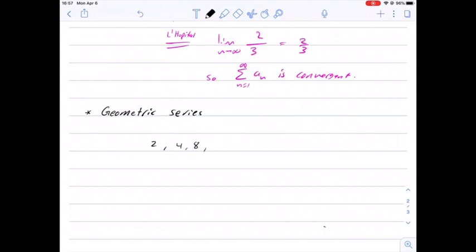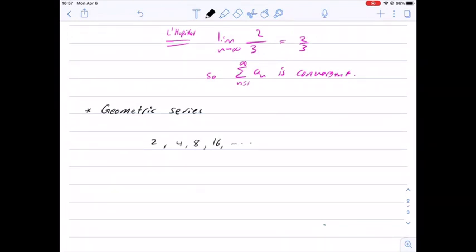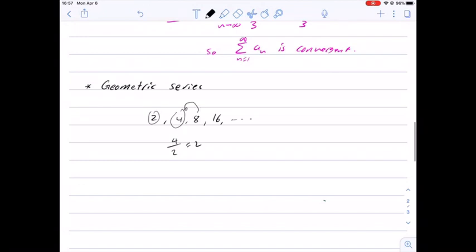For example, if we have the series 2, 4, 8, 16, etc., if we divide each term by the preceding one, for example 4 by 2, this gives us 2, and 8 by 4 is 2, 16 by 8 is 2. We have a constant ratio equal to 2. This is denoted as r, little r.